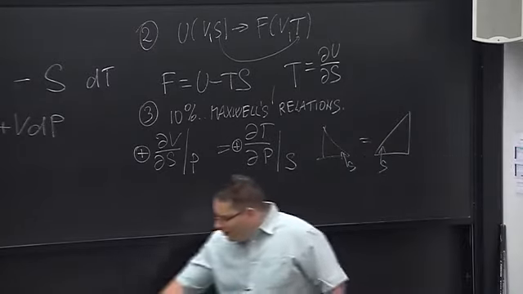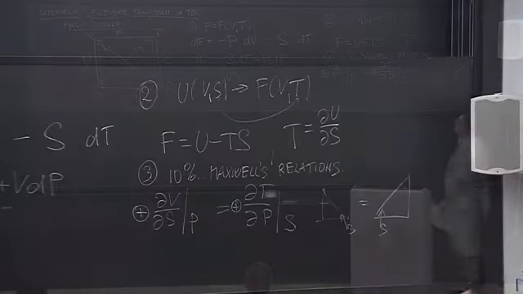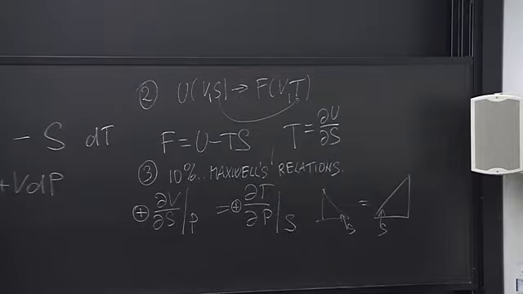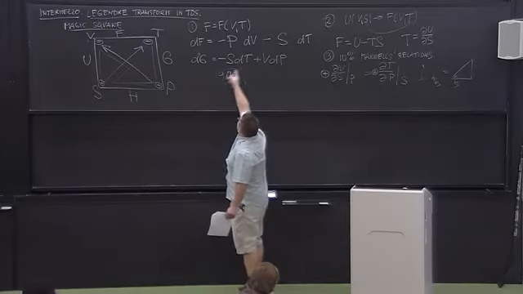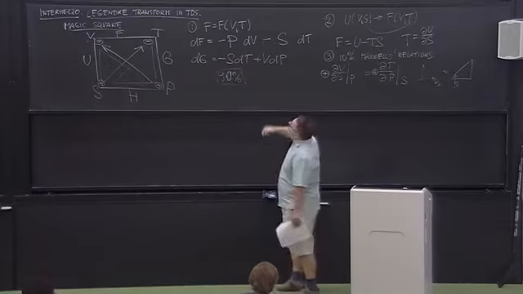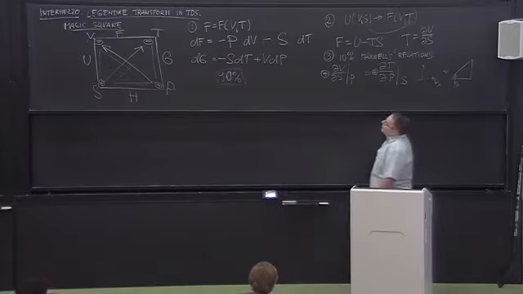Okay, and so they form the remaining 10% of the calculations in thermodynamics. I'm just giving you this in case you don't have access to Wikipedia. Of course you can show these relations by looking at the differentials. For example, what you know is that S is dG over dT, and V is dG over dP, right?